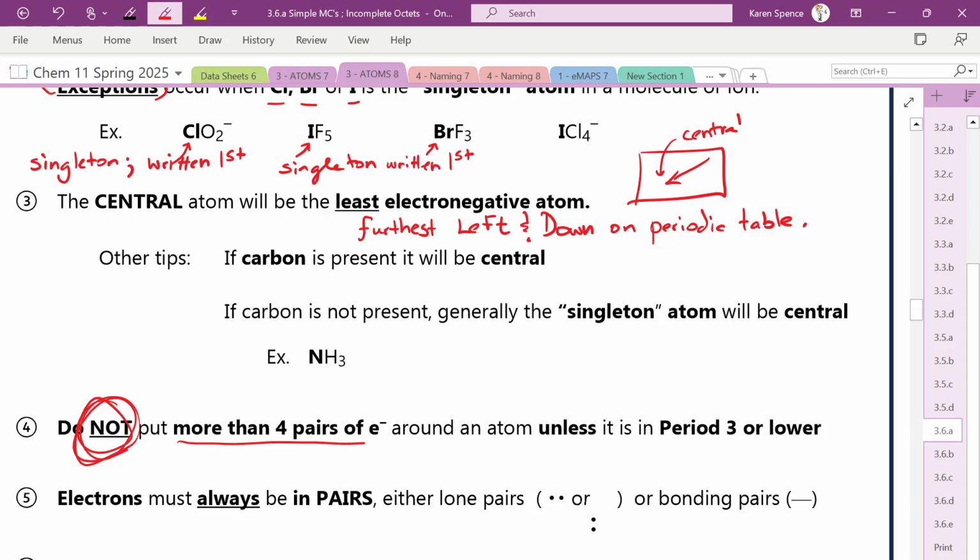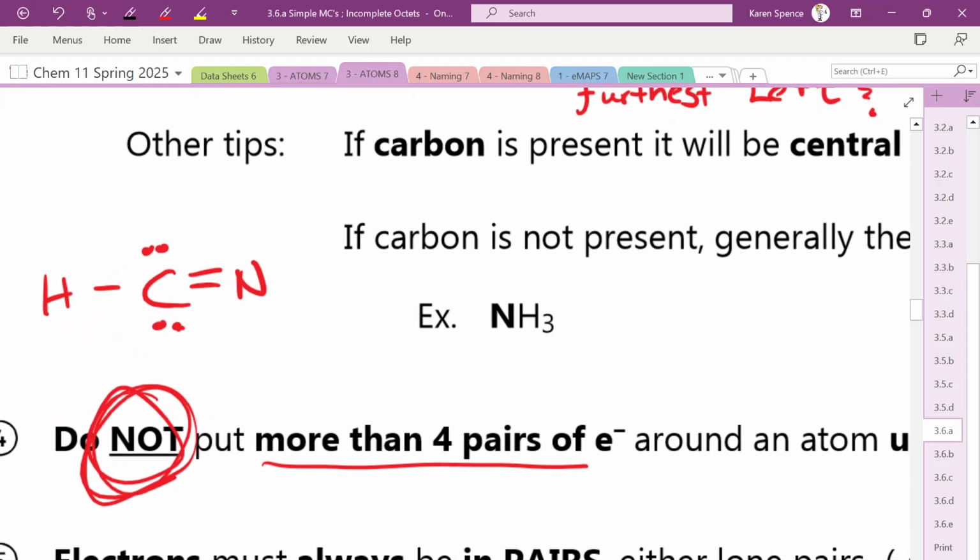Some of you, when you were trying to get those structures, had something that looked like this. What's wrong with that?